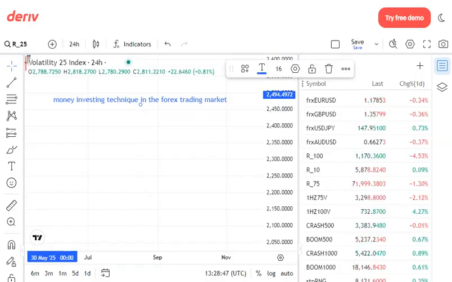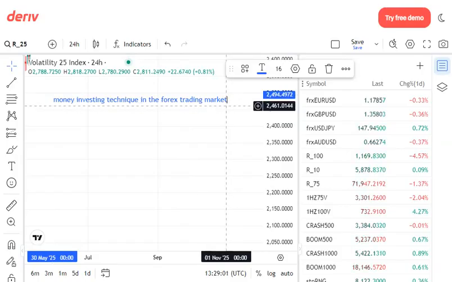The technique we're going to be talking about today is the trend trading technique. That's the strategy I use, the winning gold trade trend.